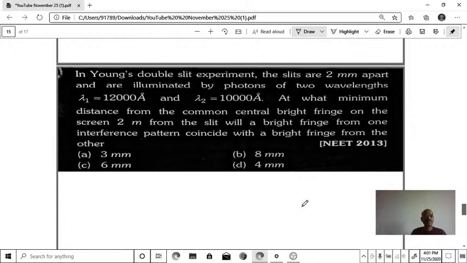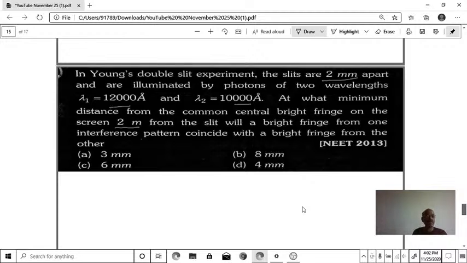Next one: in Young's double slit experiment, the slits are 2 mm apart, small d, illuminated by light of wavelength lambda 1 and lambda 2, both given. At what minimum distance from the common central bright fringe on the screen, 2 meter capital D, will a bright fringe from one interference pattern coincide with a bright fringe from the other?